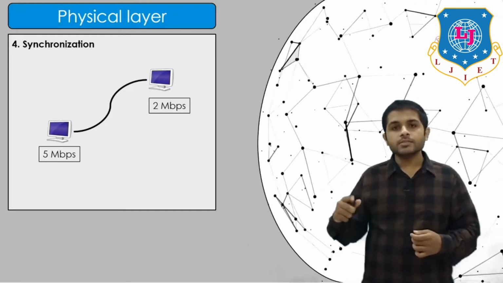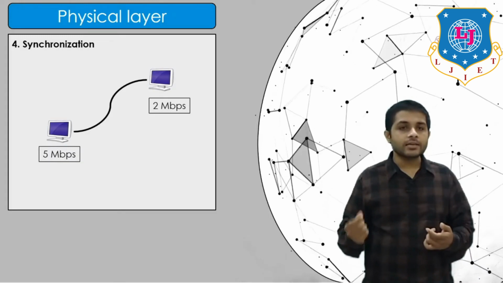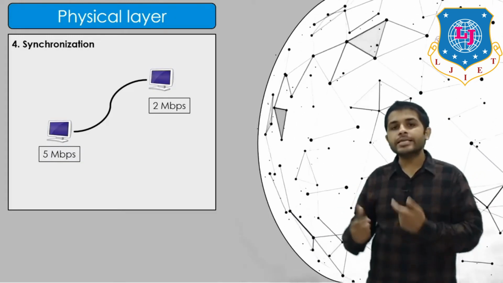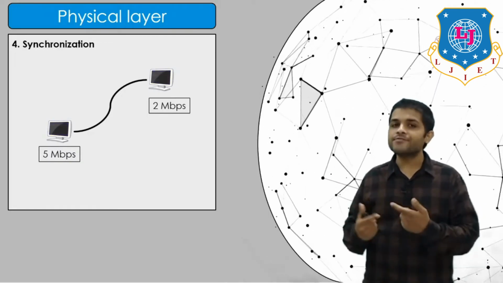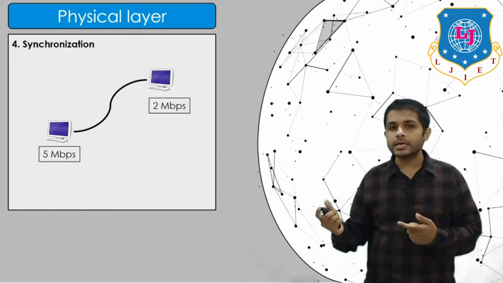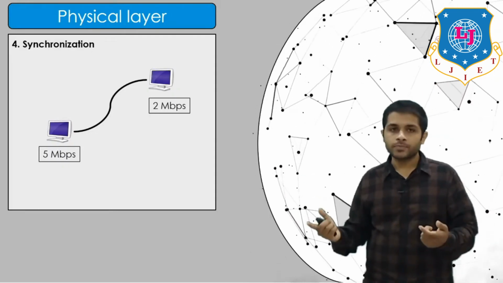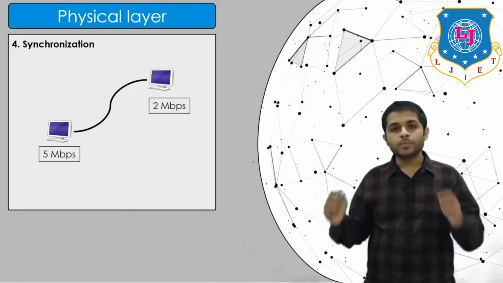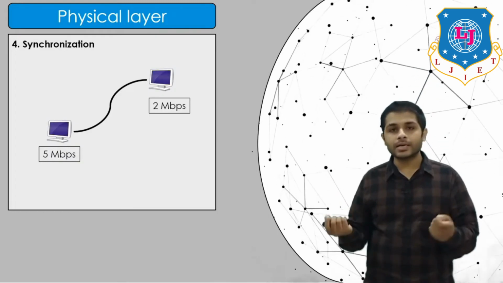So when there is mismatch in data rates, there is possibility that data can be lost, because sender is sending data at 5 Mbps and receiver is not able to receive data at 5 Mbps. It can receive data at only 2 Mbps. So the remaining data will be lost. So synchronization means that two devices should be working on same frequency, on same data rate.